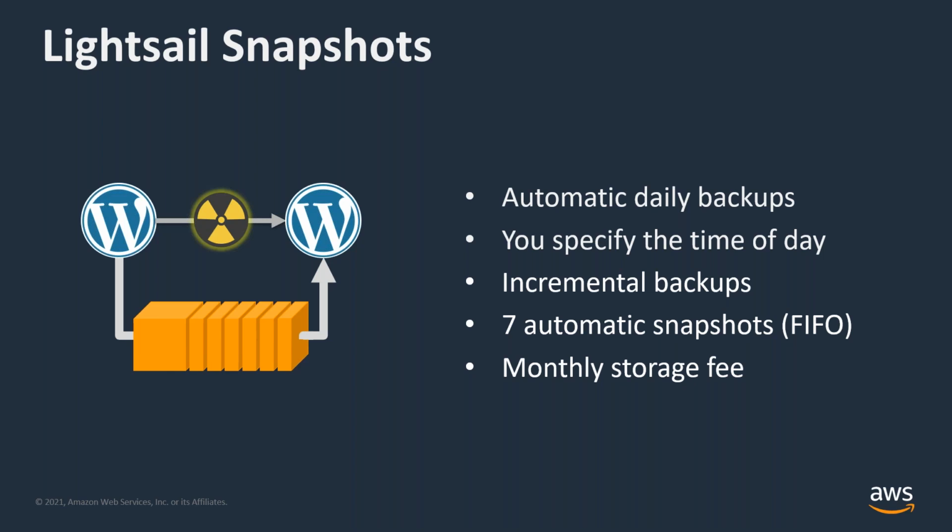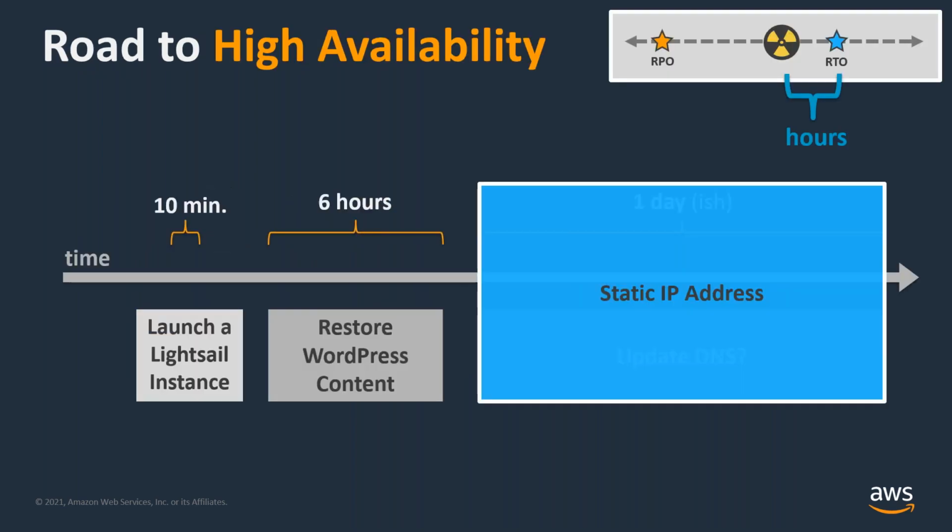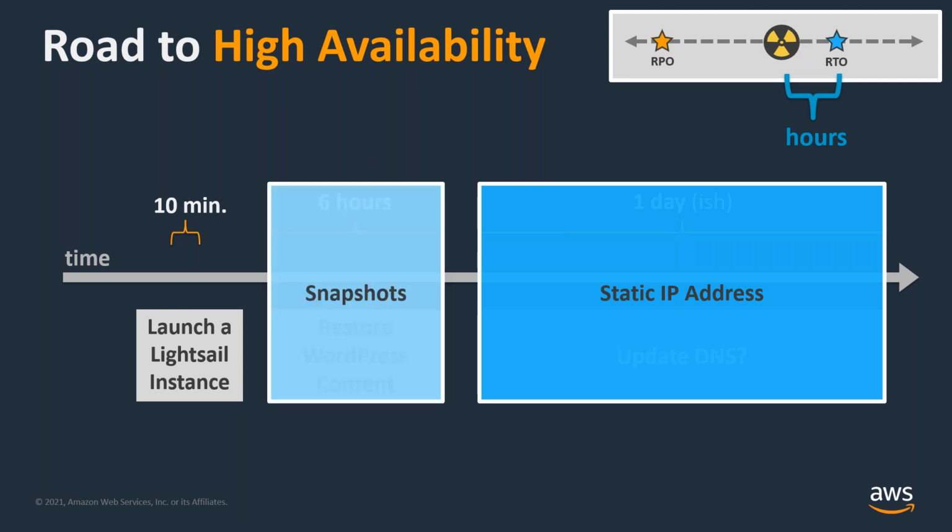So what does this mean? I don't have to rebuild my Lightsail instance or my WordPress instance from scratch. I can simply restore my WordPress instance to the most recent snapshot. Going back to our scorecard, we've previously reduced the RTO from potentially days down to hours with a static IP address.